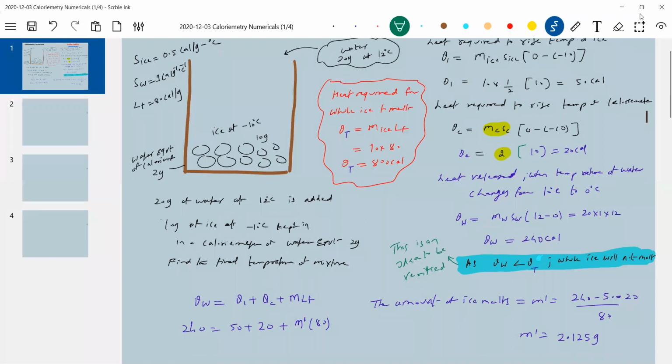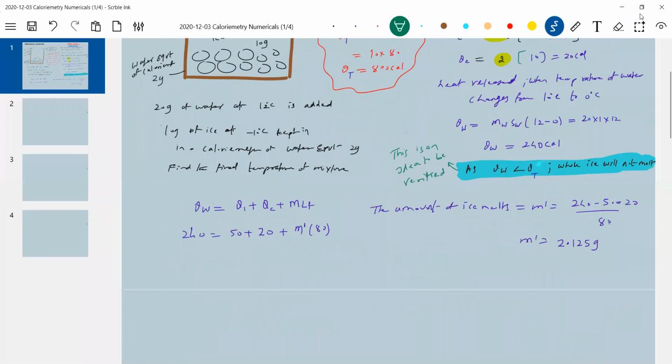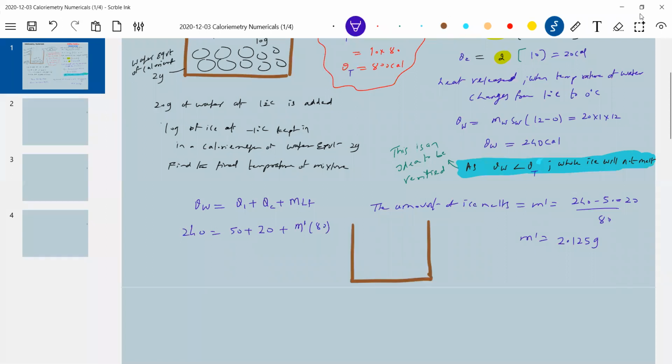So now, what shall we write? The final content of the calorimeter. I'll put a small diagram. There will be water, and in that there will also be some ice. So how much water?